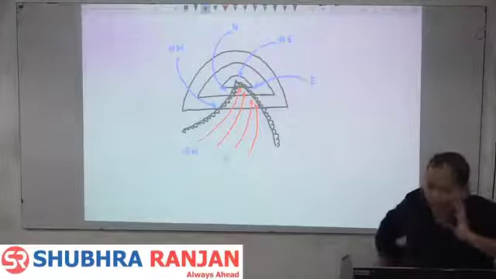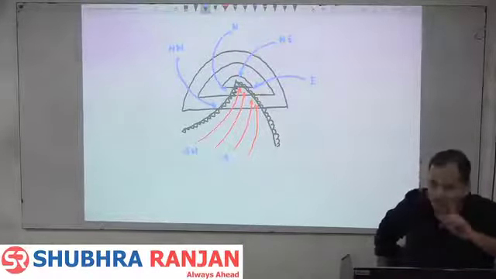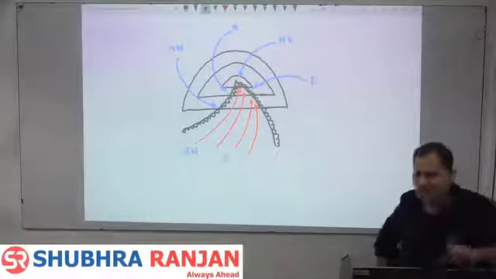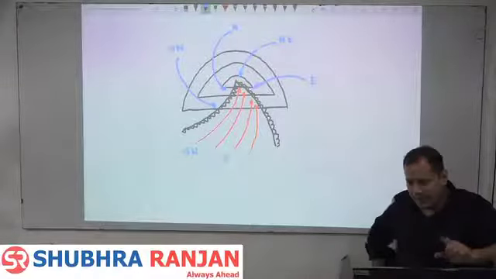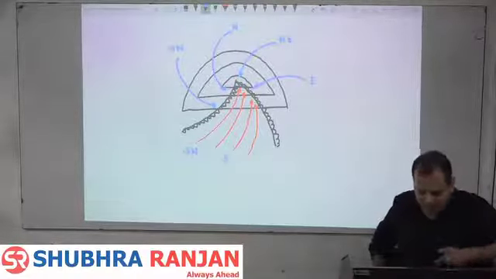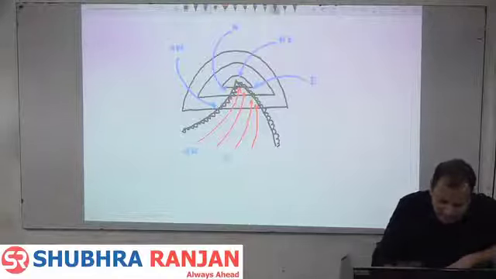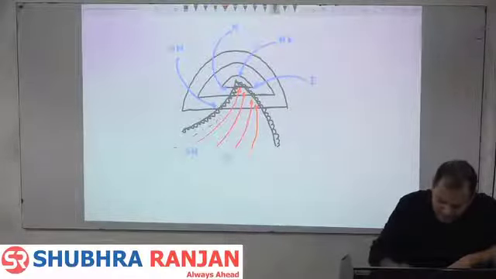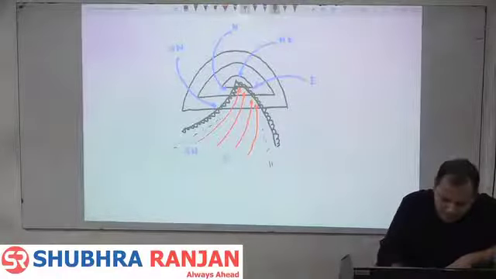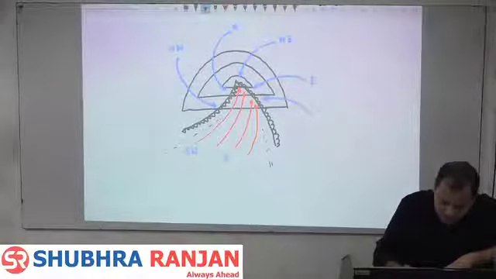Draw this diagram. Understanding this diagram? जो center में है semicircles, they are isobars. Then you have cold fronts, you have warm front. And here there is a sudden change in the wind direction, because there are cold winds which are coming from the cold region. So this I'll show by some other color.